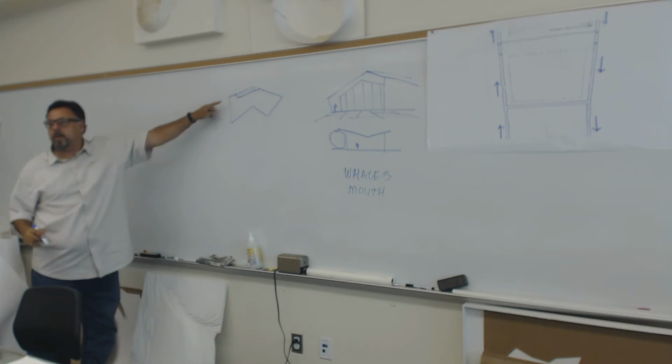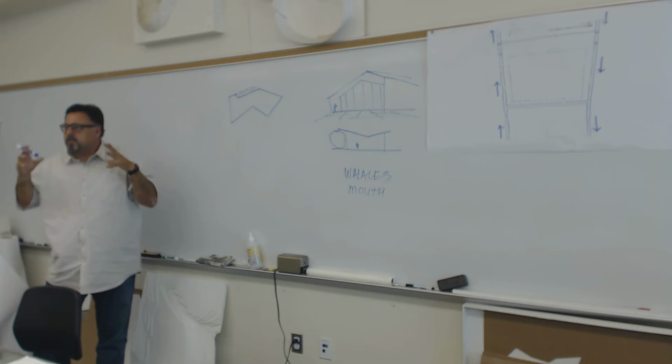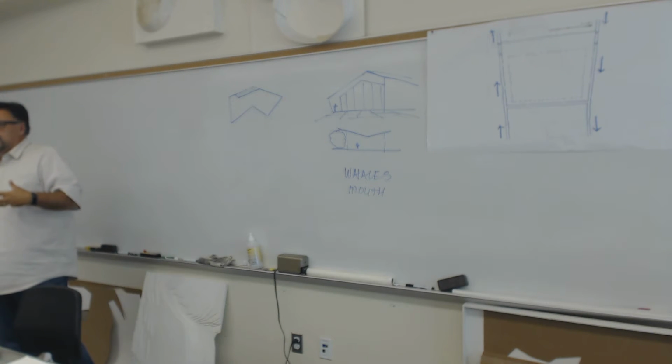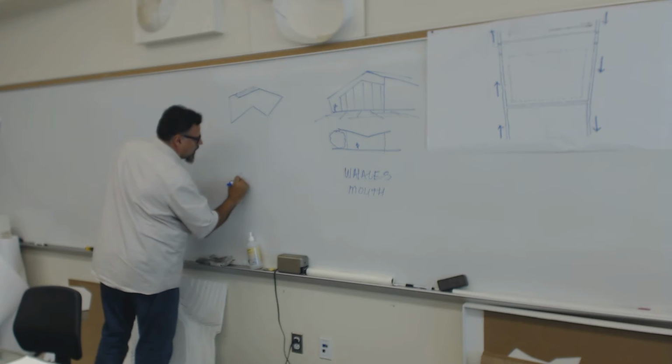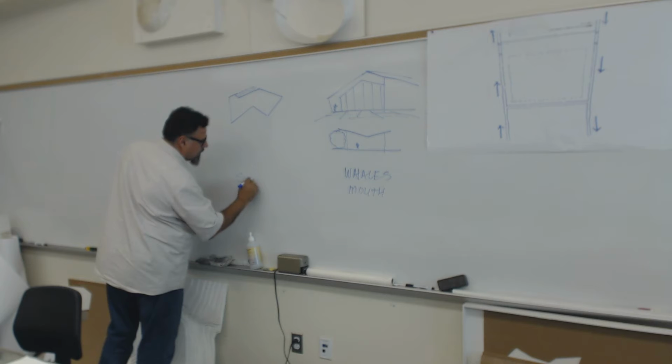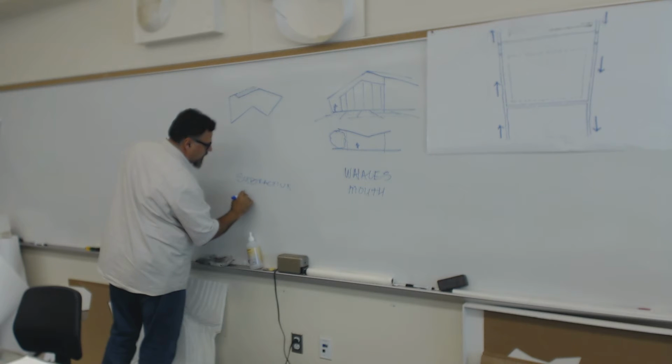That subtracted area, just like it did in your cube, can define the entry statement of the building. Okay? So we'll call this a subtractive entry.